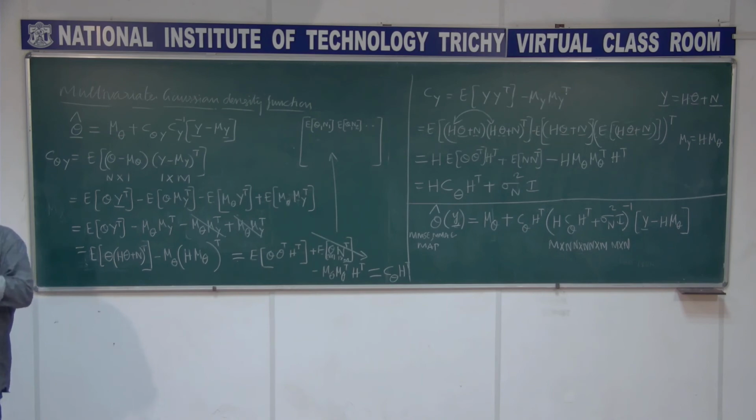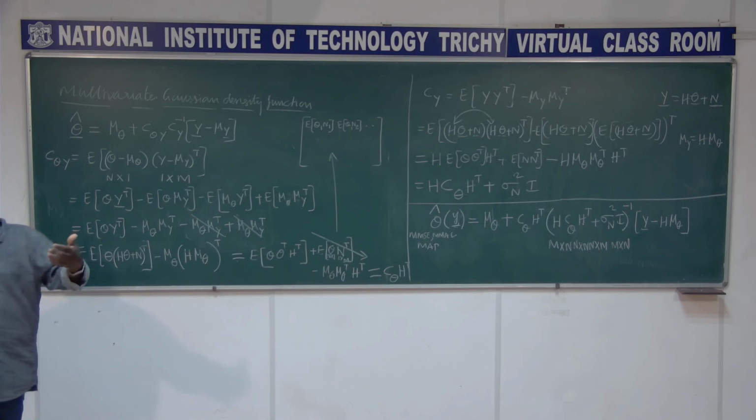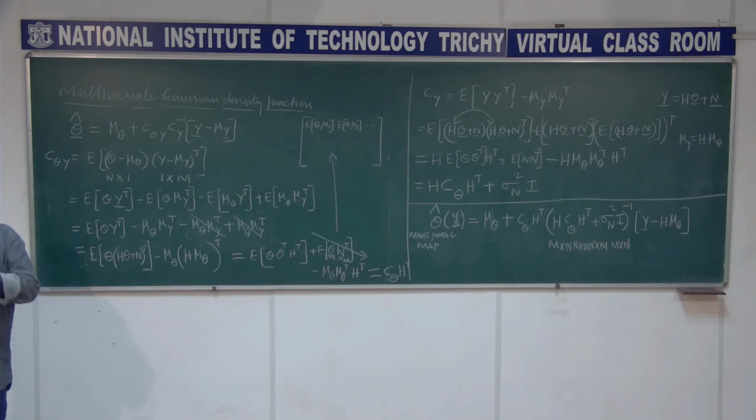Individually, what is that y given theta? Because theta is given, h theta. Your condition on theta, that's what we mean. For example, let us say y1. What is the expression for y1? The first row of h multiplied with all the theta, theta 1, theta 2, theta 3 and so on.